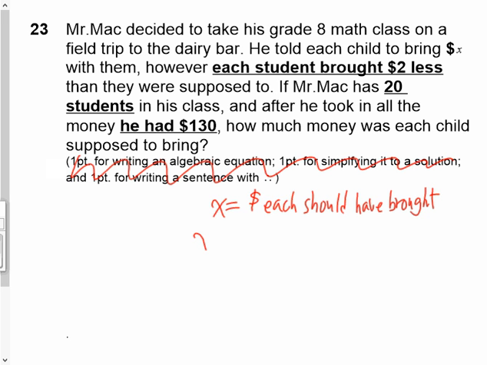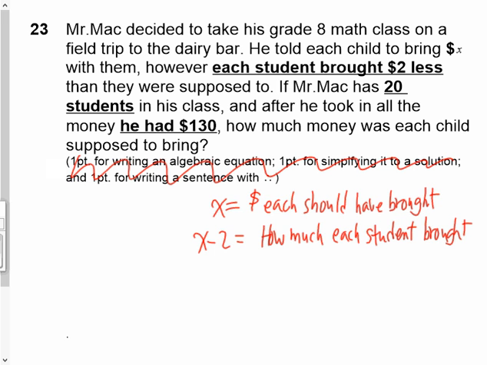Now, if I define X minus 2, X minus 2 is going to be how much each student brought, because they brought $2 less than they should have. So I'm going to write that down as X minus 2 is how much money each student actually did bring.